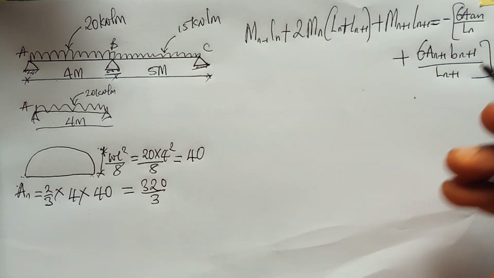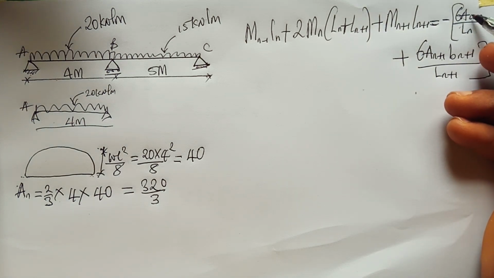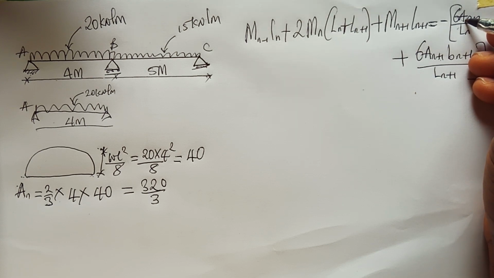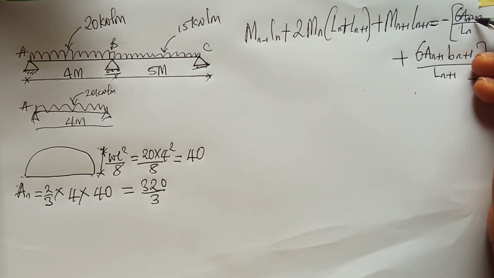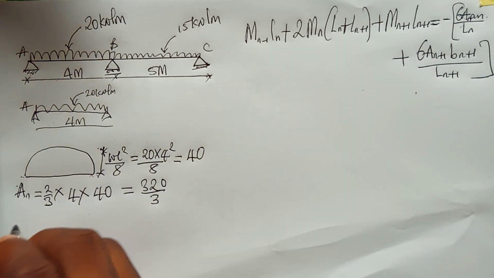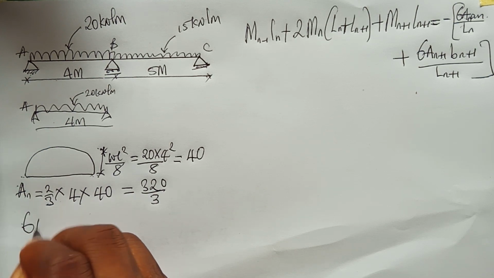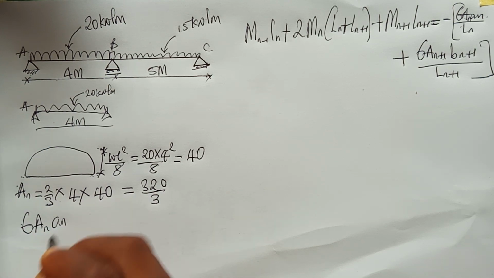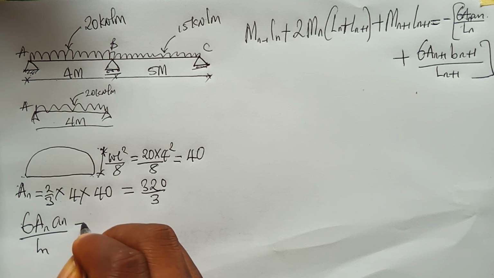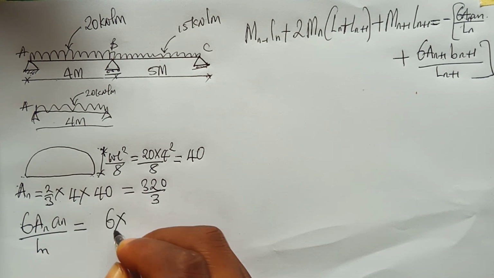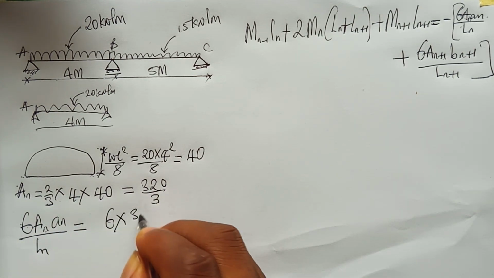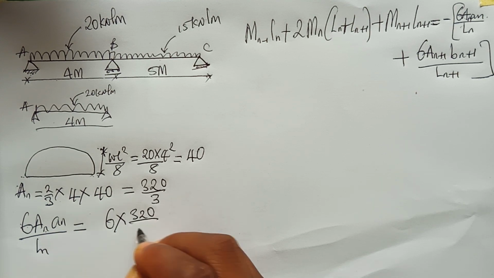So from the formula, we have 6An an over Ln, which will be equal to 6 multiplied by our An, which is 320 over 3.